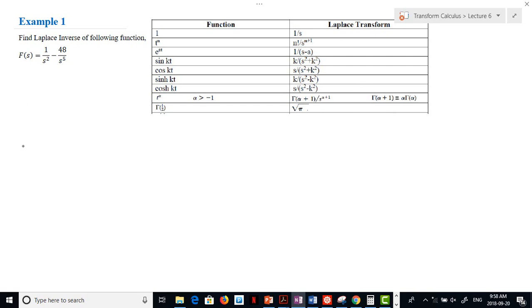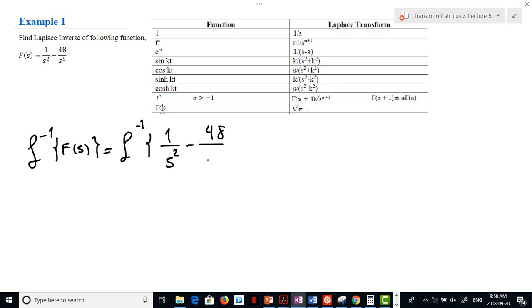So if you want to find Laplace inverse of F(s), it's equal to Laplace inverse of 1 over s squared minus 48 over s to the power of 5. Laplace inverse is a linear transform.